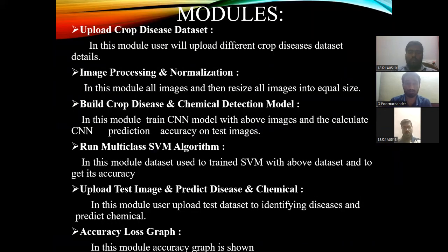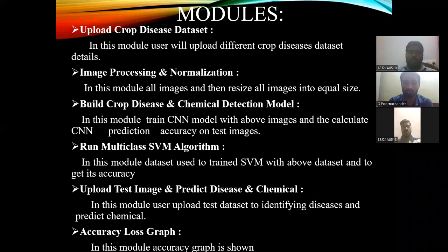We are using some modules, six types. Upload crop diseases: in this module, users will upload different crop disease dataset details. Next, image processing and normalization: in this module, all images are resized into equal size. Build crop diseases and chemical prediction model: in this module, we train the CNN model with the above images and calculate the CNN prediction accuracy on the test images.